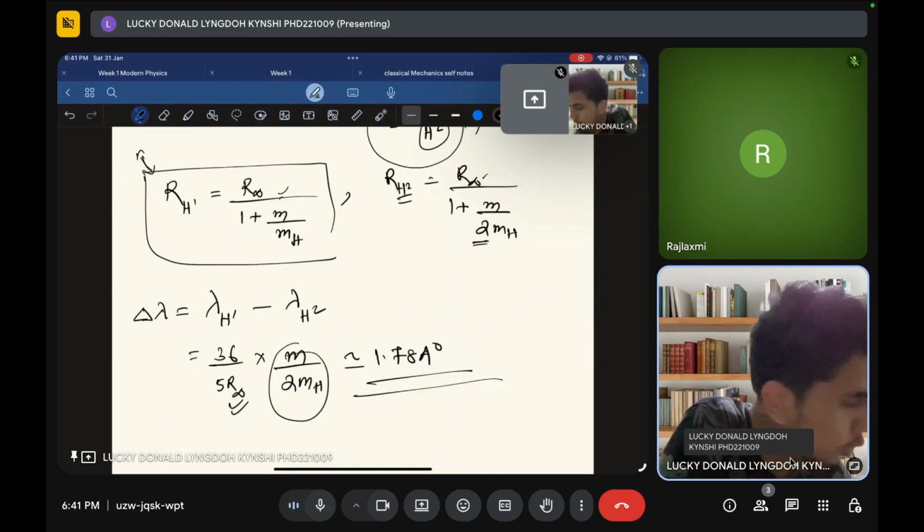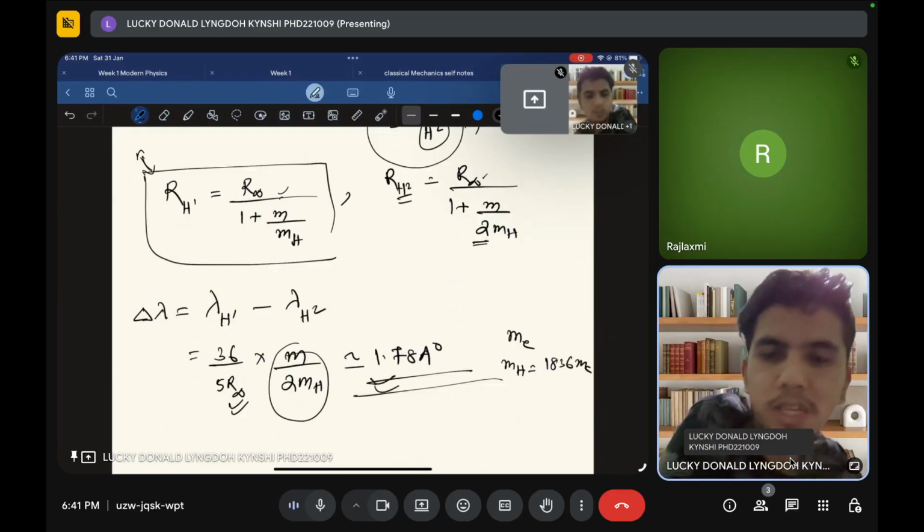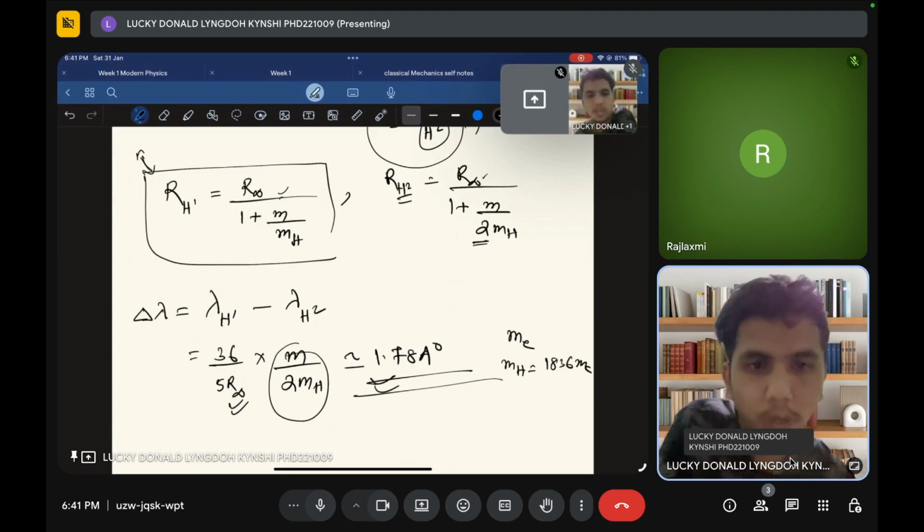If you also substitute m as the mass of the electron, and the mass of the hydrogen as 1836 times the mass of the electron, you can easily get 1.78 Angstrom. Anyway, I will also upload the notes in the drive, and you can check it there.